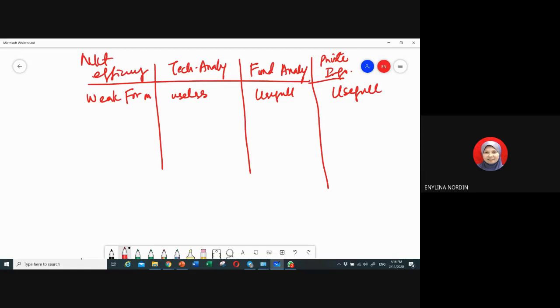Why is that? Because the information found in fundamental analysis and private information is not yet included in the stock's price. In the semi-strong form efficiency, technical analysis becomes useless. Fundamental analysis now becomes useless, but private information becomes useful to the investors in order to make extraordinary profit.